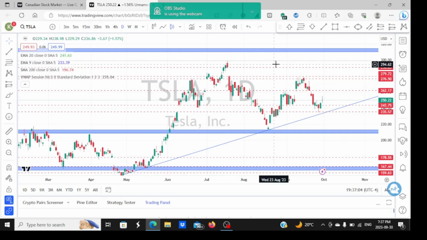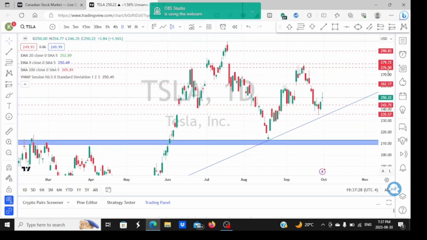And once we have sellers sitting there, if the stock comes back to this area, what is going to happen? It's going to send the stock down out of the sell zone back to a buyer's region where it will pick up more buy orders and come back to this area to retest it.